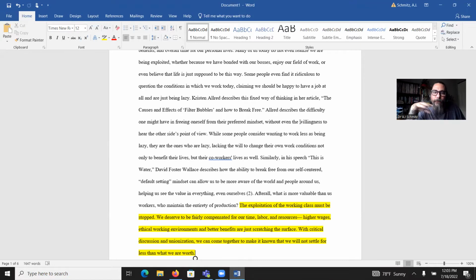So this whole idea of filter bubbles and having a preferred mindset that Allred talks about is similar to, not the same thing, as default settings in David Foster Wallace. The terms are not the same, but the concept is there. So we're using Allred and Wallace as tools to prove this thing that I, the author of this paper, am talking about.